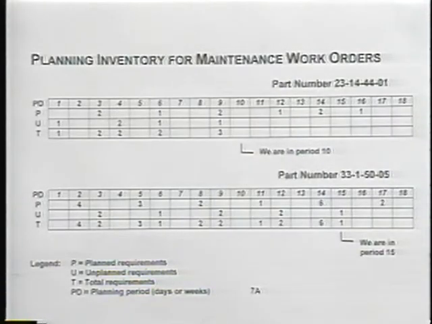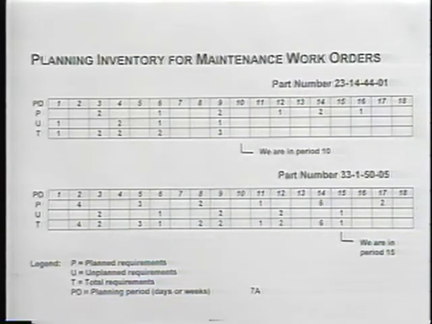First of all, I want to address the 4 different nomenclatures that are on the left-hand side of both records. PD is the period, okay, and those are shown at the bottom left-hand side on this exhibit. P are the planned requirements, U are the unplanned requirements, and T are the total requirements.